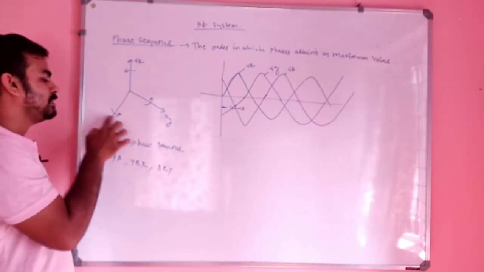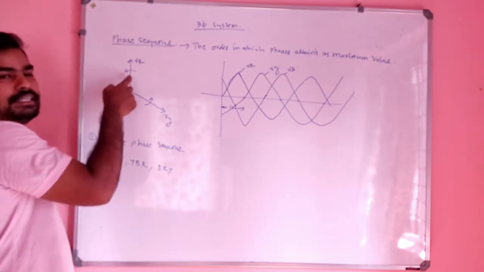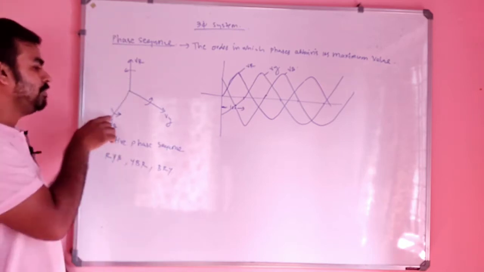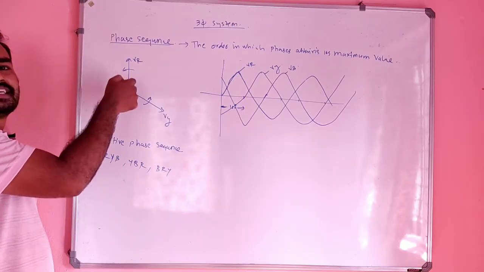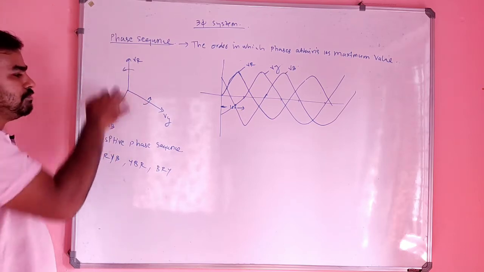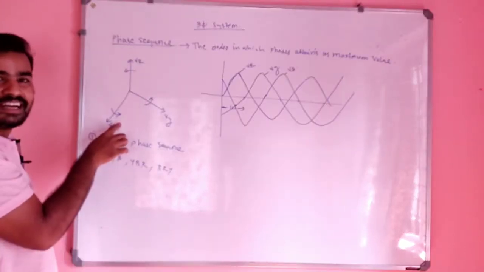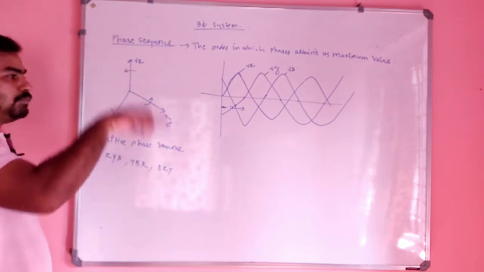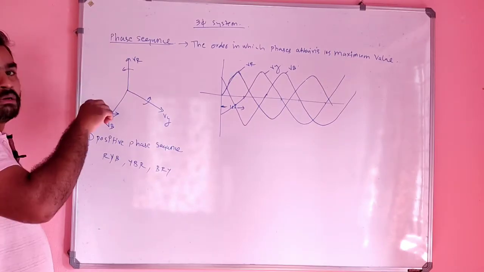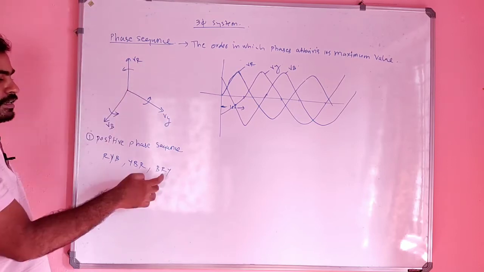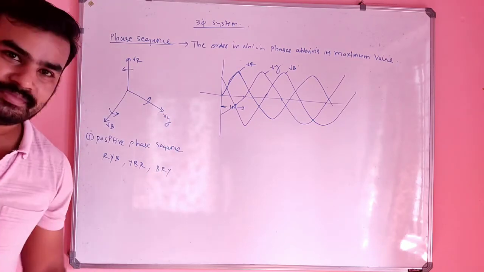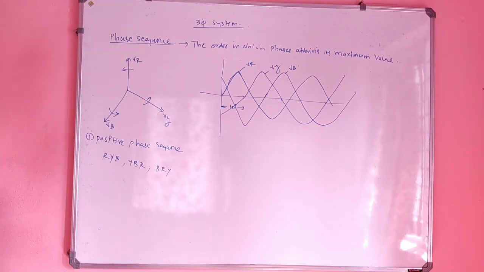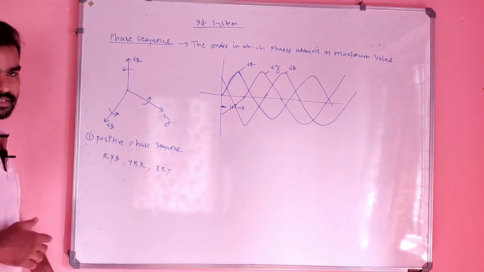Or if you take the reference vector as B, when the back vector rotates in anti-clockwise direction, VR will come here. So it will be R, and when you turn once more in anti-clockwise direction, this VY comes here and it will be BRY. Is it clear? So that is the meaning of positive phase sequence.